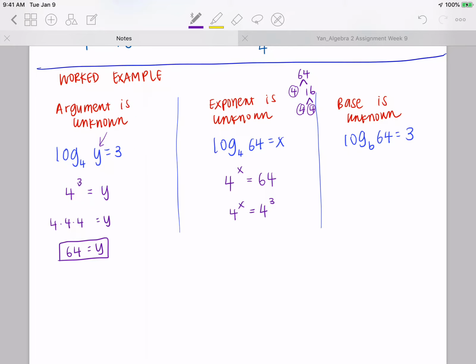Now you notice that you have the same base, so I can take the exponents and set them equal to each other. And that's your answer. You can only do that if they have the same base.